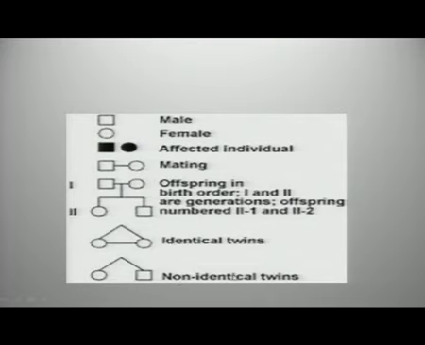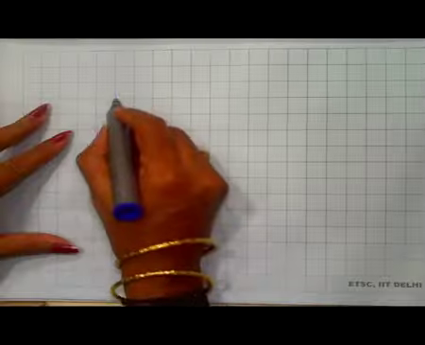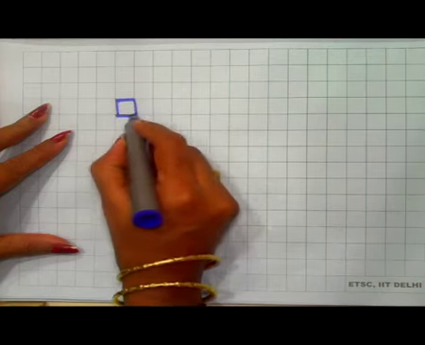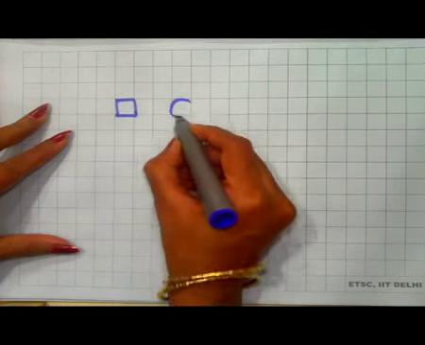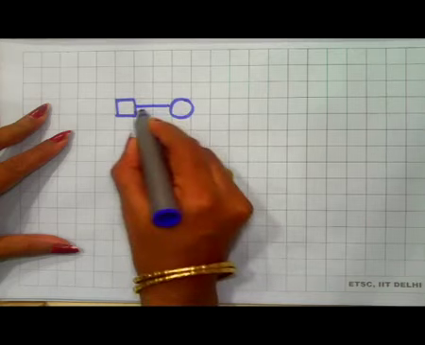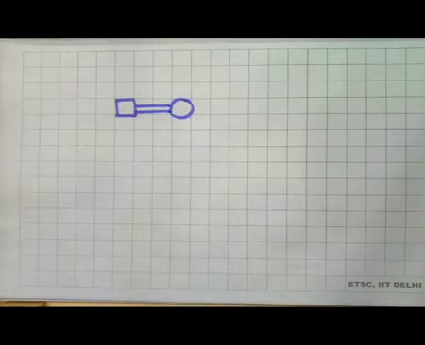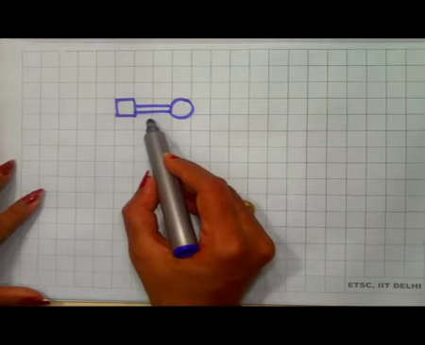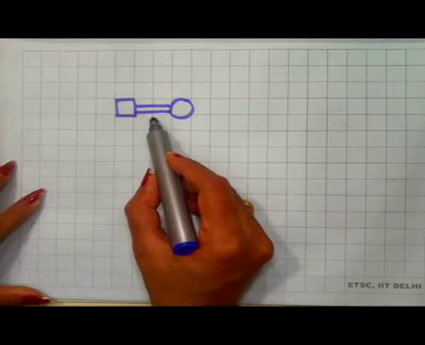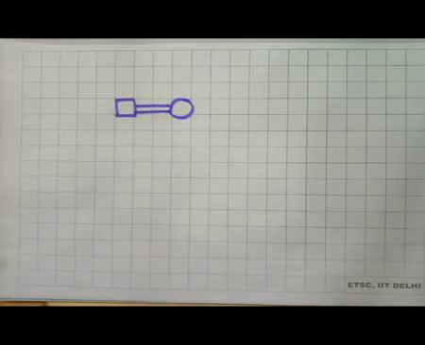These two are non-identical twins. If we are using a double line like this, it will be the marriage between relatives, that means consanguineous marriage.